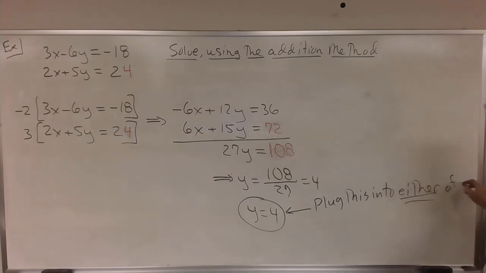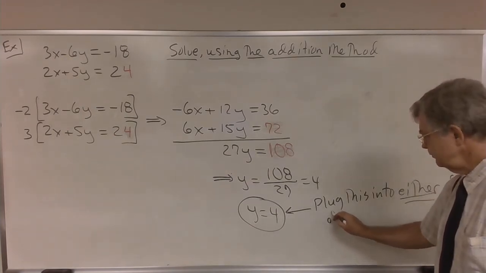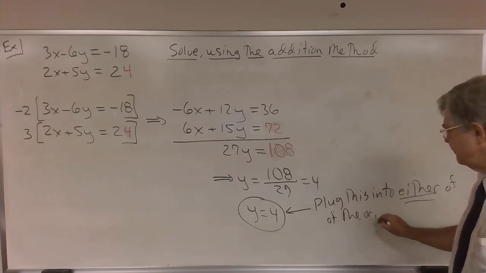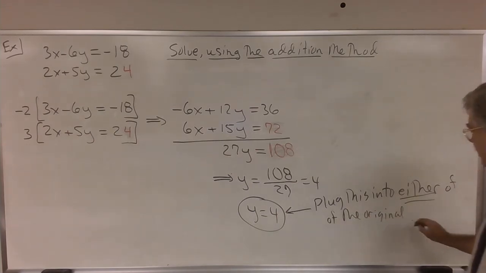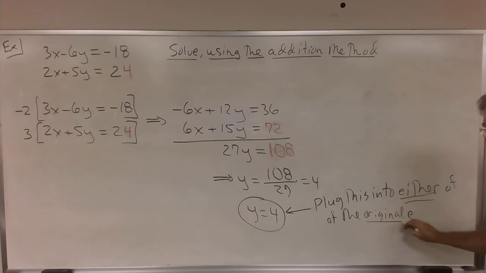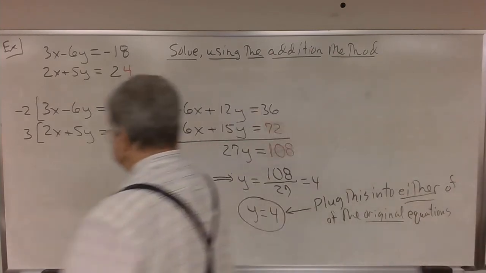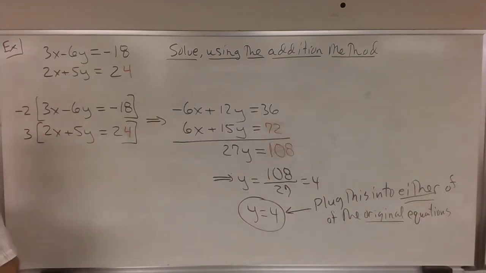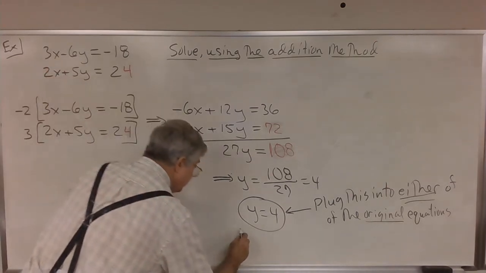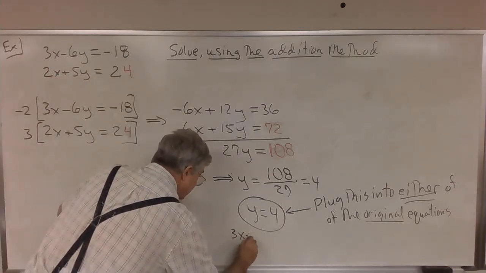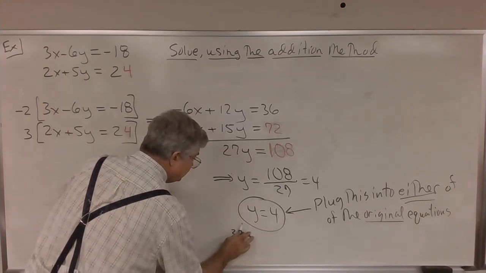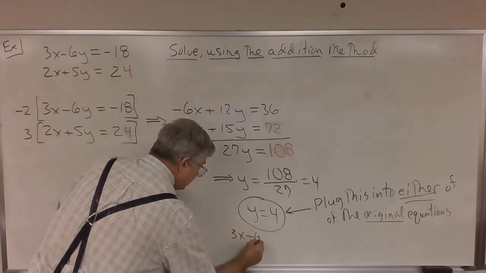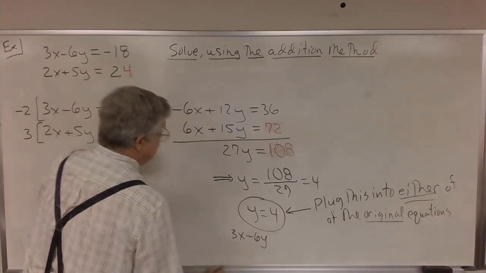We plug this into either of the original equations. So let's try this. 3x minus 6y equals negative 18.